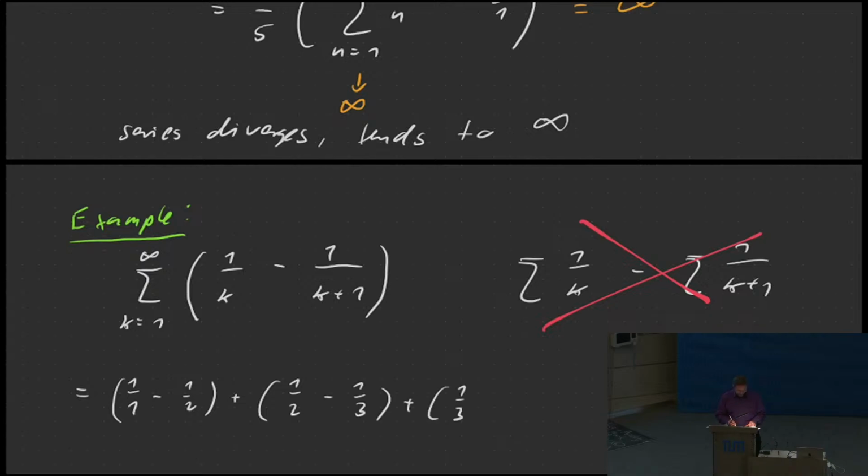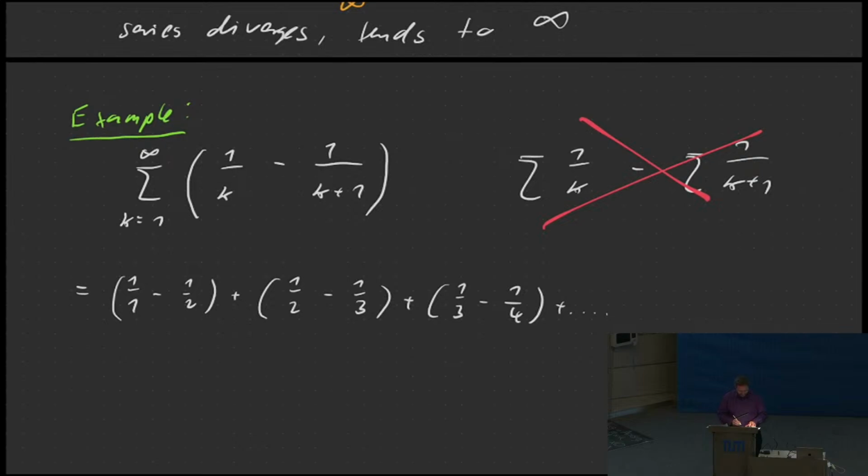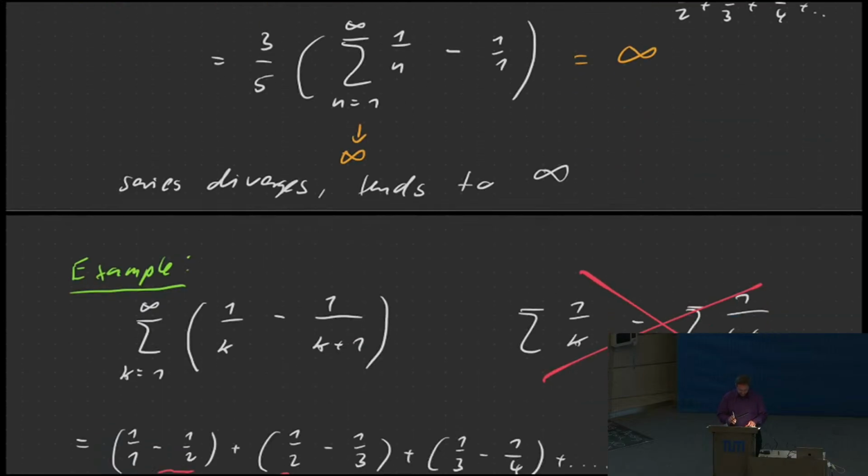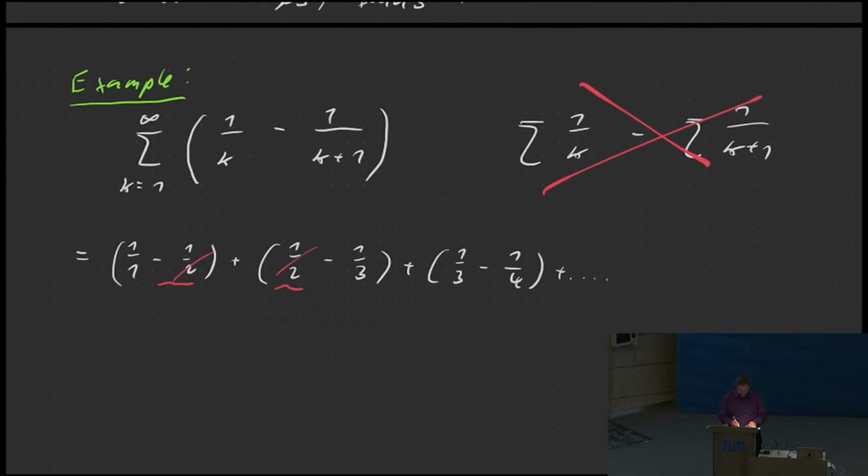Then you get 1 over 3 minus 1 over 4, and so on. And what you can see, hopefully, is here's minus 1/2, here's plus 1/2, so that cancels out. Here's minus 1/3, here's plus 1/3. That cancels out. Here's minus 1 over 4, here we would get a plus 1 over 4. So that again cancels out. The only thing that stays is that 1 over 1.